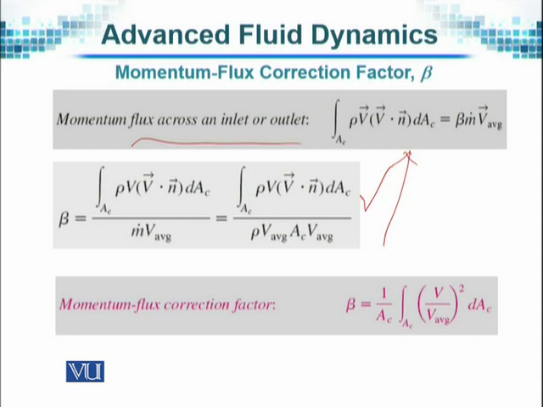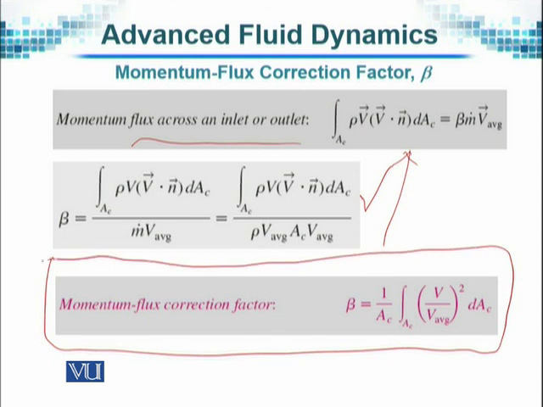If we write down the dimension of everything that is there, the density, velocity, area, and so on, then each dimension will neutralize itself and it will result in a dimensionless number. So the momentum flux correction factor is equal to this integral.